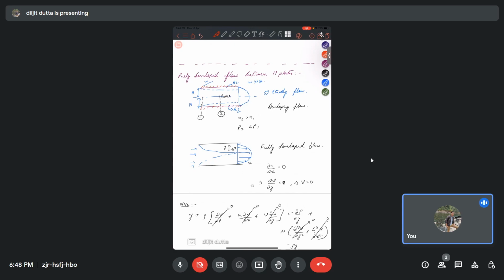So if we consider a steady flow, that is the velocity is not changing with time, a boundary layer will be forming, and the velocity distribution will be somehow like this.